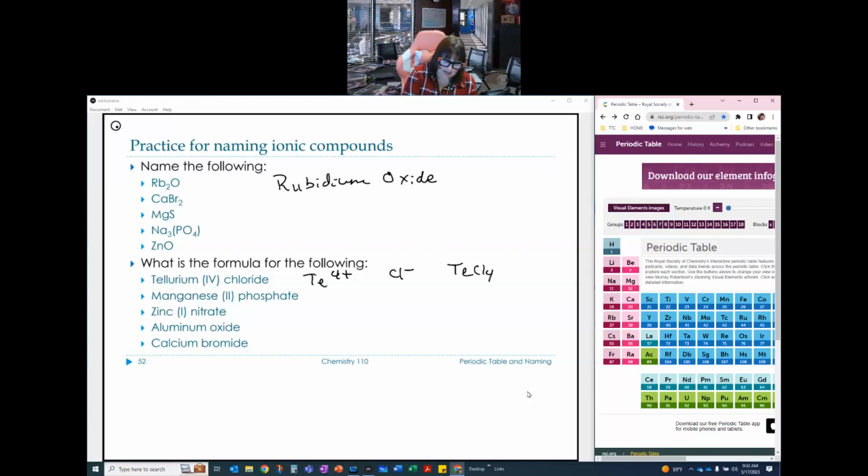Okay. So looking at CaBr2, I know that Ca is calcium. And Br is bromine, so that's a bromide. Mg is magnesium. And S is sulfur, so that's a sulfide.